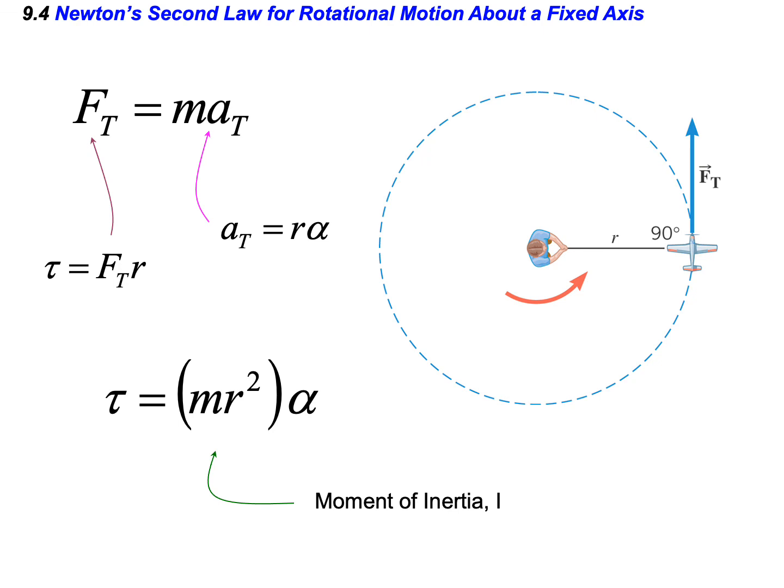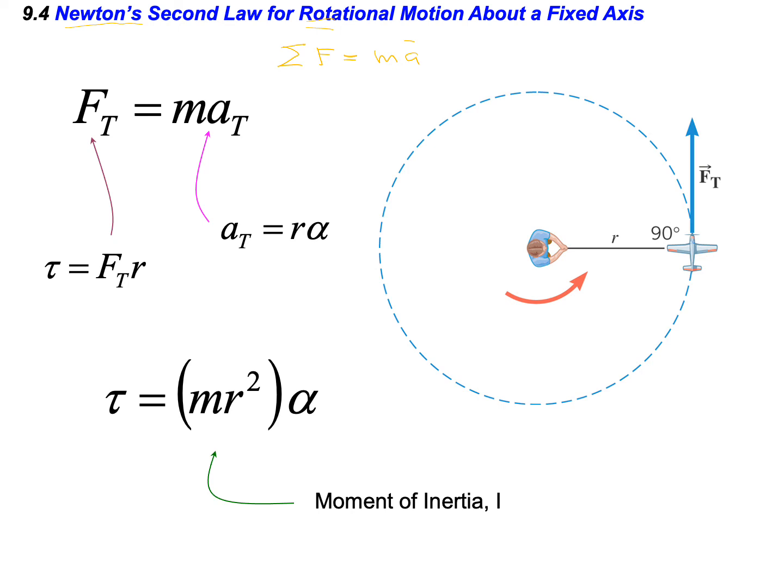Okay, Newton's second law we're going to apply to rotational motion. In previous chapters, we talked about Newton's second law, which is for linear objects: net force acting on an object equals mass times acceleration of that object. In this case, this person is holding a string.